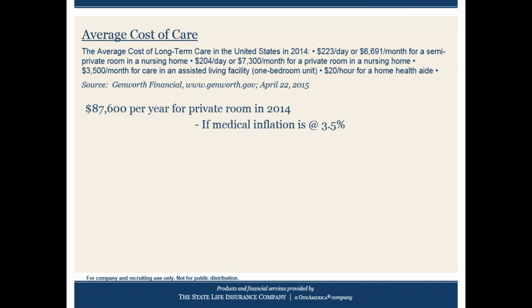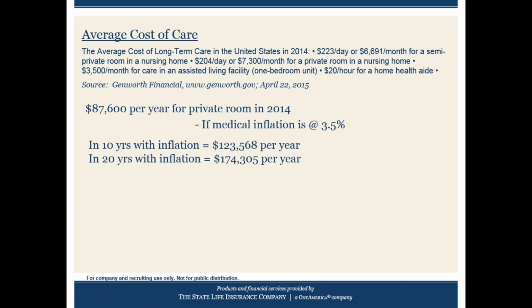The cost of long-term care insurance and its inflation index has now exceeded education. Let's just assume 3.5% inflation. In 10 years, it's going to cost almost $125,000. In 20 years, 1 year of care is going to be almost $175,000. Very expensive. And this is going to speak to people that are thinking, you know what, I can self-insure, but we'll go into that in just a moment.